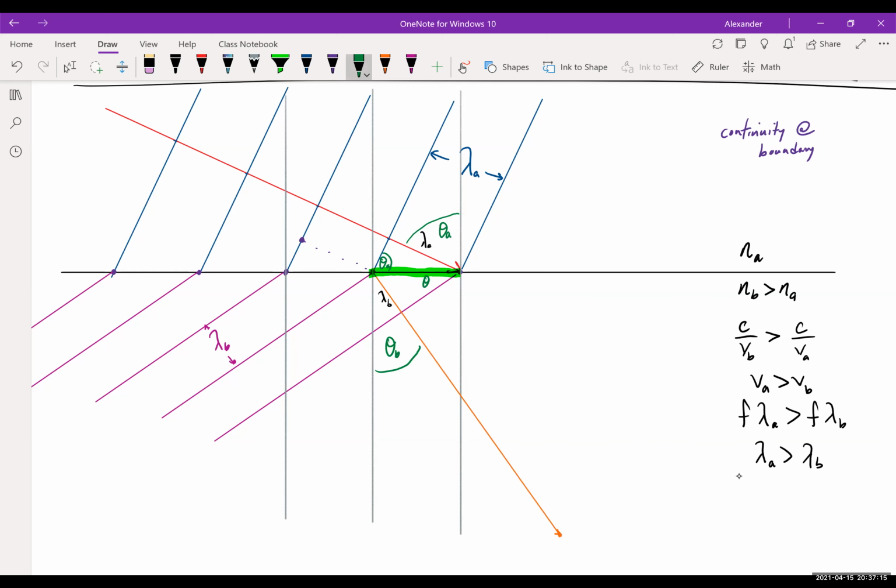Oh, but only on this side. This angle here is 90 minus theta B. But this angle here is 90 minus that, which gets us back to theta B.